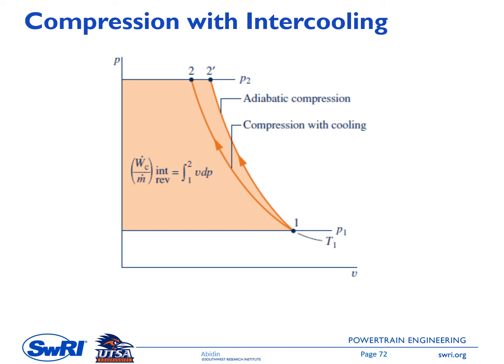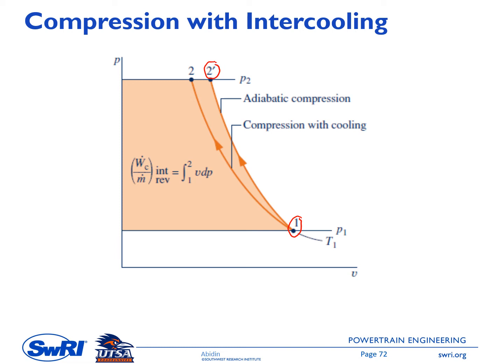So for the compression process inside a control volume, in this case a compressor, the area on the left side of the process line represents the required compression work. First take a look at the process line connecting point A, at the entrance of the compressor, and point 2 prime.